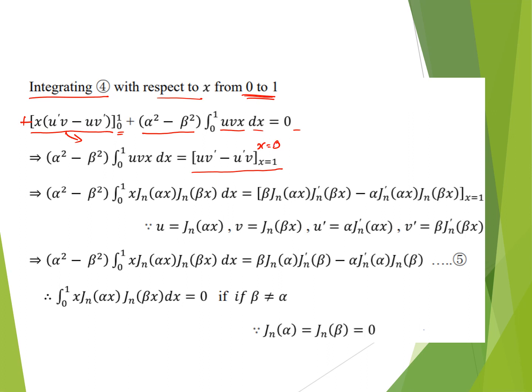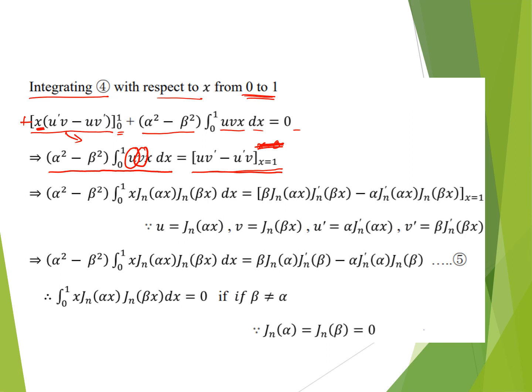For 0 it will be 0 because x is introduced over here, so x at 0 is removed. Only for x is equal to 1 we have the right side as this, and the left side is alpha square minus beta square, limit 0 to 1, u v x dx. Now we substitute the values of u and v, which we assumed in a previous slide.